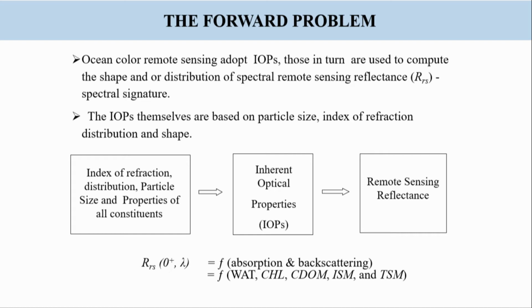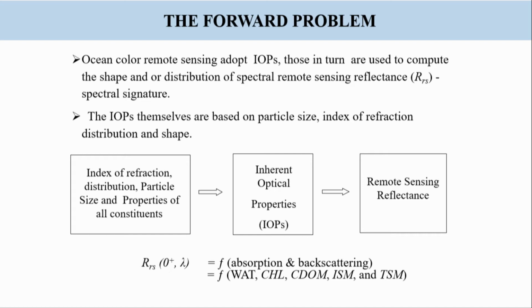Ocean color remote sensing adopts IOPs, inherent optical properties. Those in turn are used to compute the shape and distribution of the spectral remote sensing reflectance, or spectral signature. And the IOPs themselves are based on particle size, index of refraction, distribution and shape.